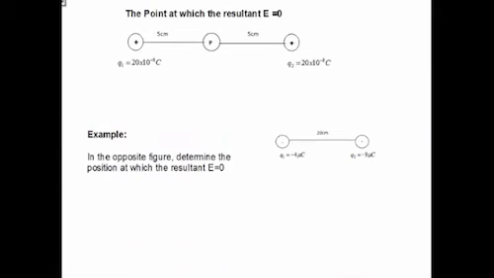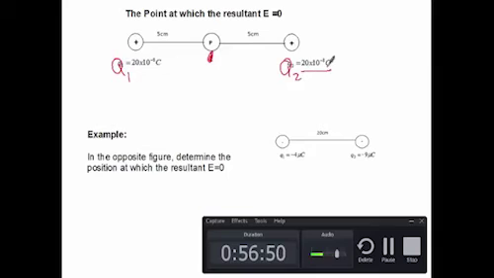Now, how do we get the point at which the resultant E equals 0? We have here, for example, a point P separated by 5 centimeters from Q2, and another 5 centimeters from Q1, and you see they have the same values.